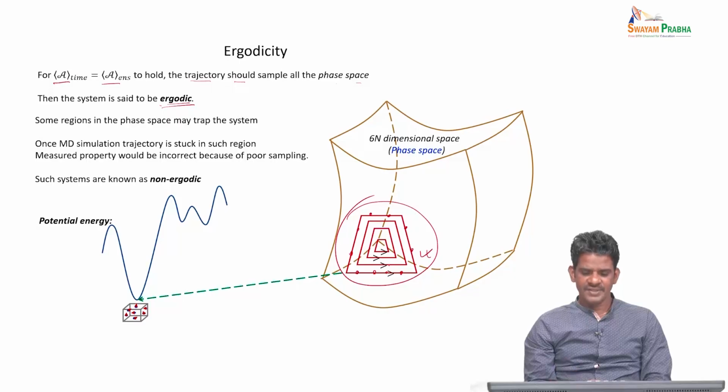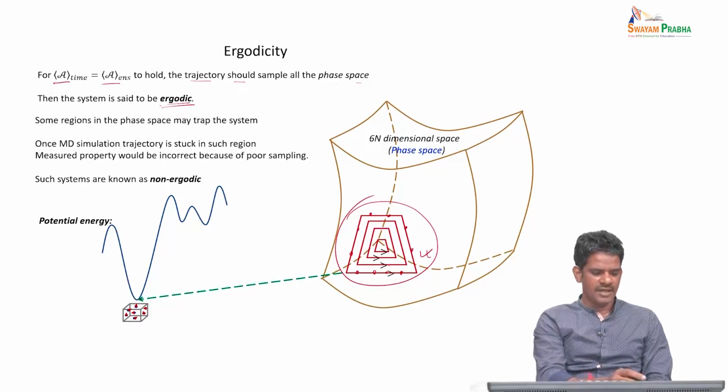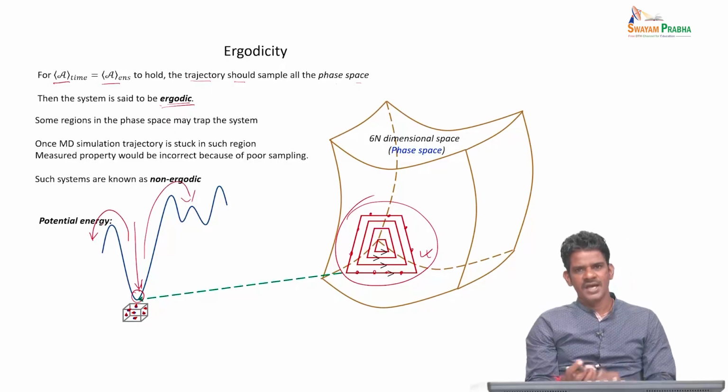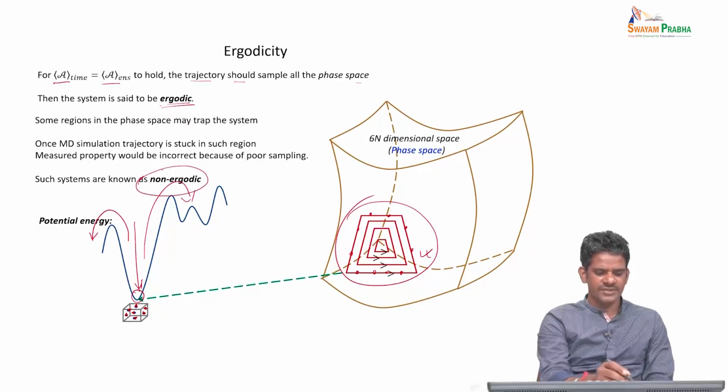Why this happens is that if you look at how the potential energy varies around this region, there may be a particular low potential energy place where, once the system gets stuck, it is not able to jump to the other possible states. Because of the high energy barrier between different states within the phase space, you might have this kind of trapping of the system in a local region, and this is known as a non-ergodic system.